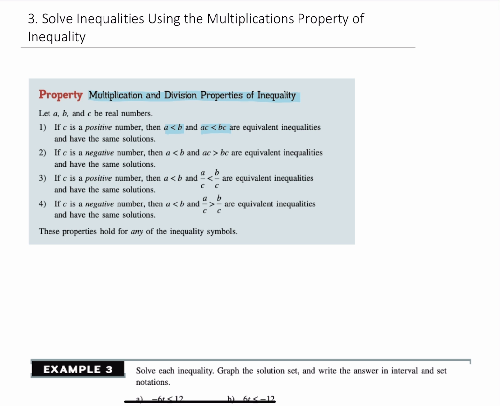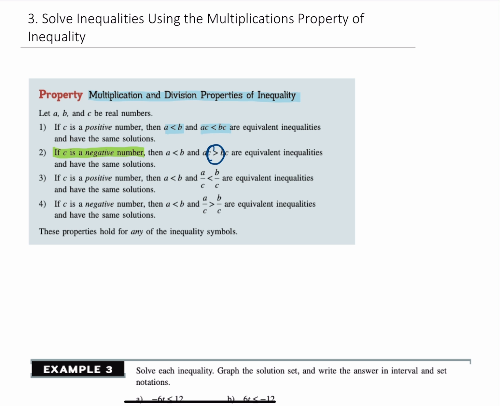And notice it says if c is a negative number, so this is the important one, then a less than b and a times c greater than b times c are equivalent. The main thing to notice is that the direction flips if you multiply both sides by a negative number.